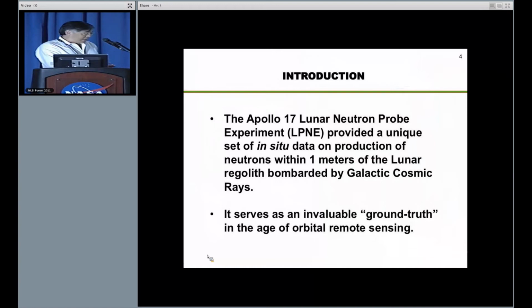Here's the introduction. We had this unique opportunity of using the Apollo 17 in situ detectors to probe the actual physics within the 1 meter probed by this measurement placed by the Apollo 17 astronauts.